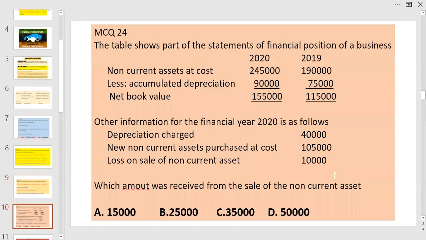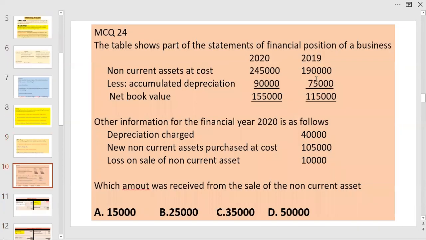The next question: the table shows part of the statements of financial position, that means the balance sheet, of a business. Here, two comparative figures are given. Non-current assets, less accumulated depreciation, at book value. Students, please note, this is the presentation for non-current assets.